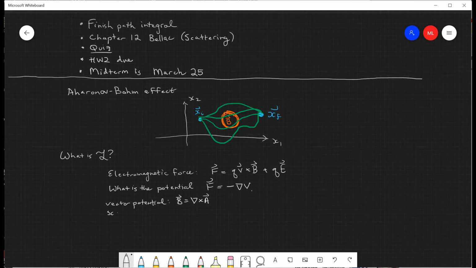And then you also have a scalar potential for which the E field is equal to minus the gradient of the scalar potential, and then also any explicit time dependence in the vector potential. And in that case, you can actually rewrite the force in terms of these potential functions.